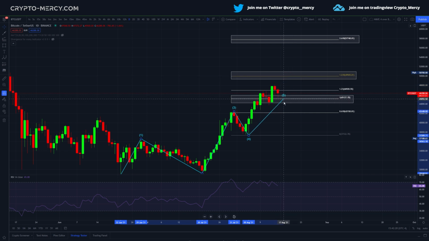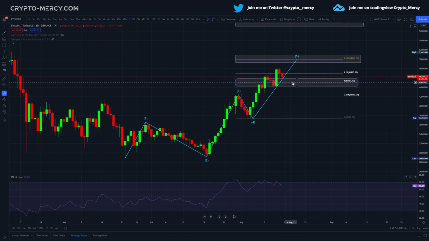This is why we saw that rejection right here. Right now we are trying in the middle of the 1.23, and I don't know if we gonna confirm it as new support. It is not the case right now. We are retracing, but my next favorite target will be 49.9k.